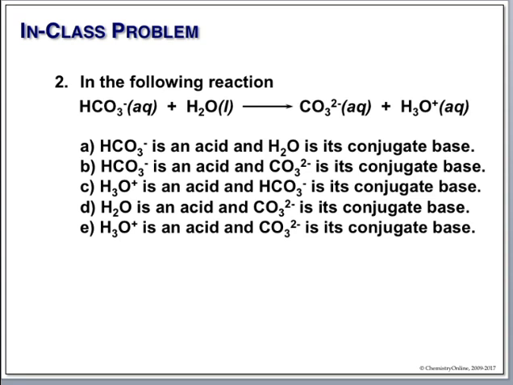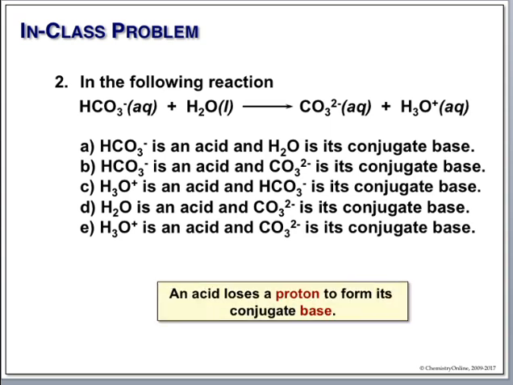No. Water is functioning as the Bronsted base. The conjugate base has everything that this guy has except for a proton. So that's wrong. Hydrogen carbonate is an acid. Carbonate is its conjugate base. These two differ only by a hydrogen, and that is the correct answer.